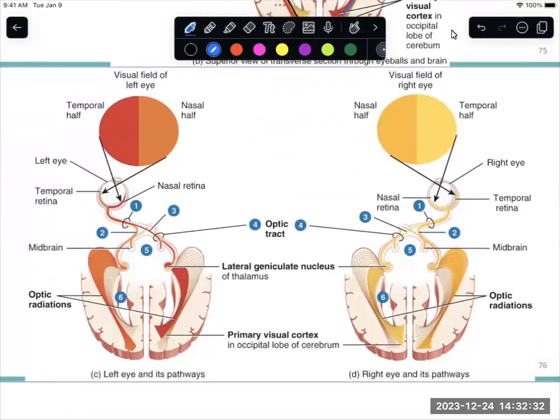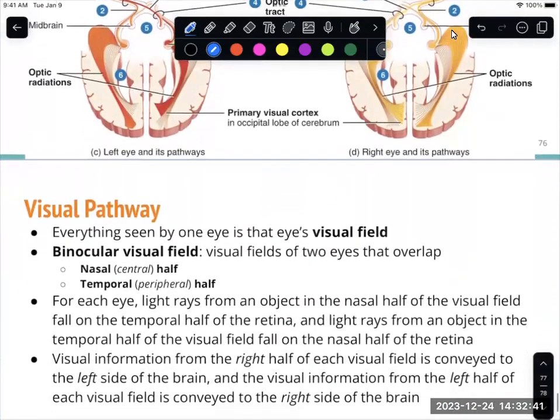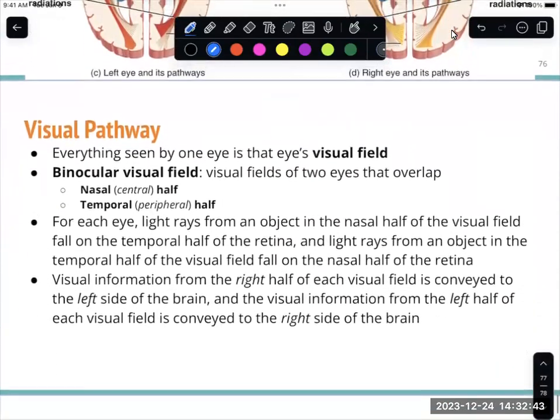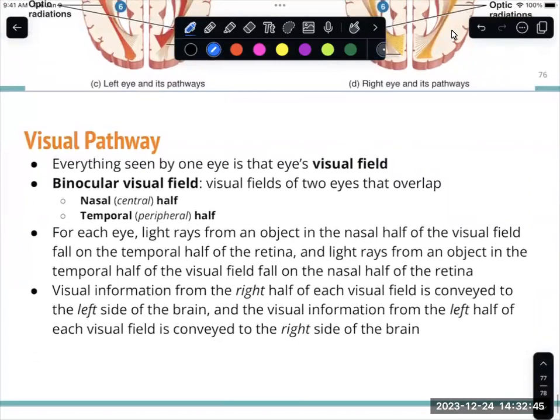So this kind of breaks it down a little more to show these different fields of vision and how they're going back to different areas. So this visual field is helping to create this binocular vision by these visual fields that overlap a little bit.